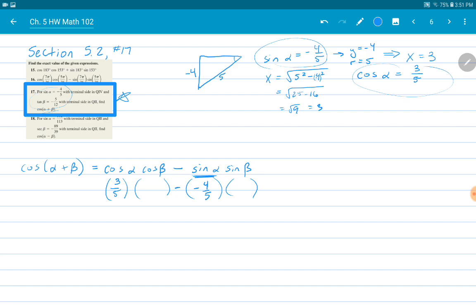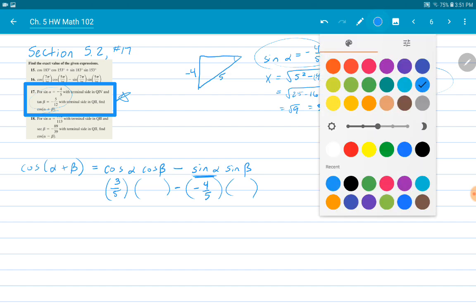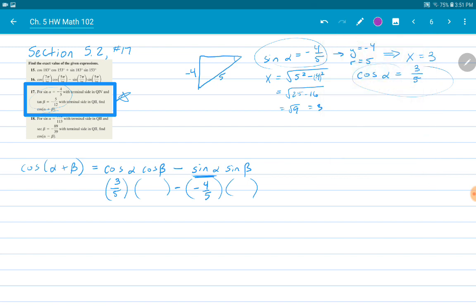Okay, now for beta, the hint that they give me, I'll do that one in a different color, is tangent. So that one's in quadrant 2. So that's oriented like so. And my tangent is y over x.